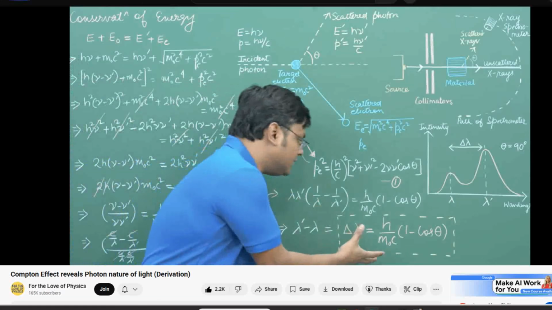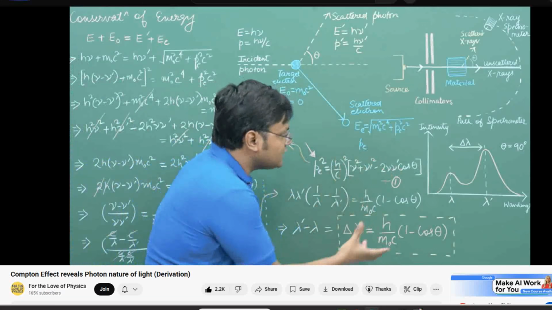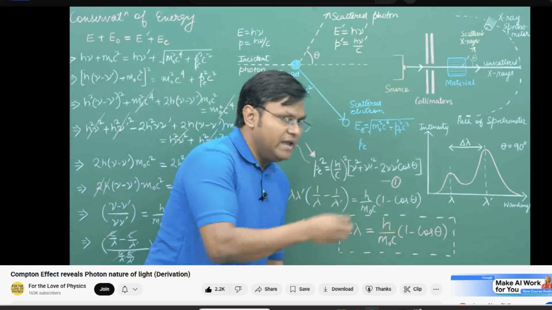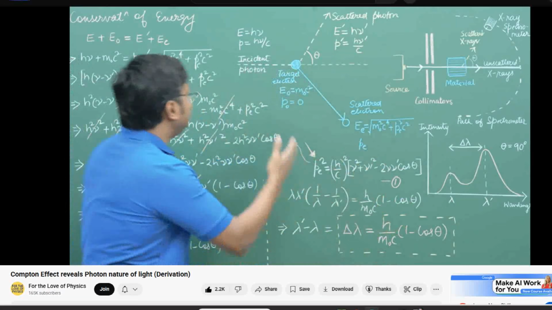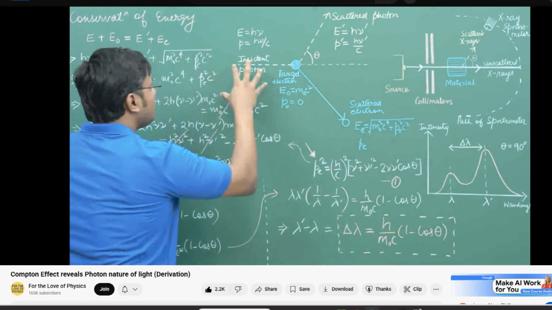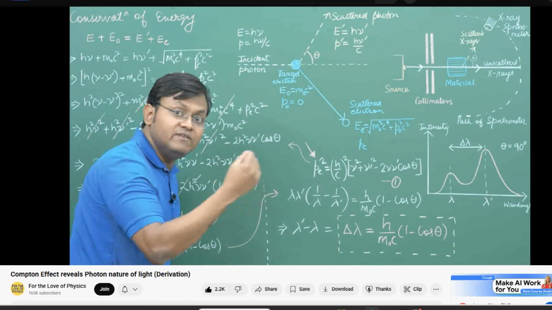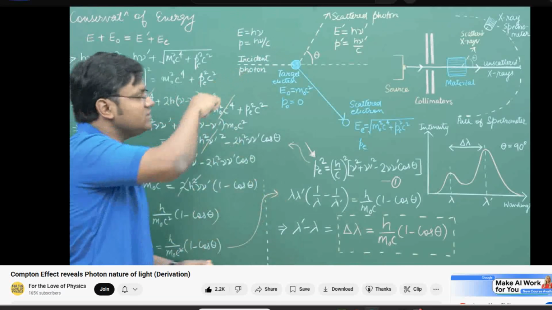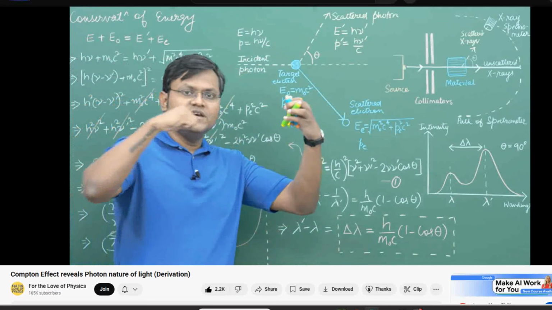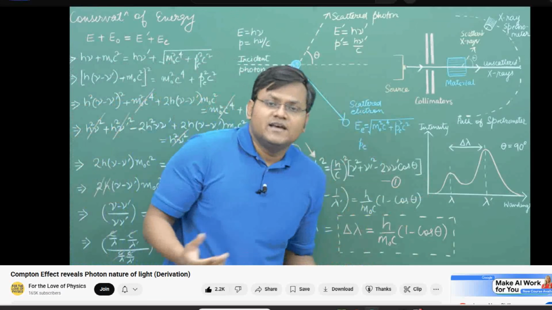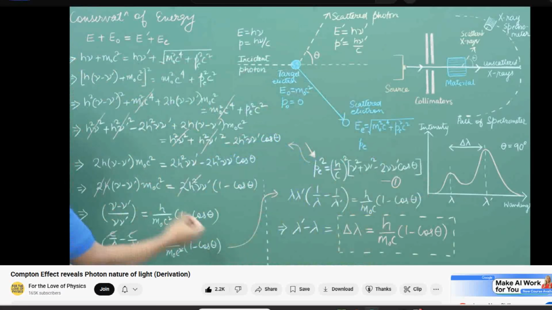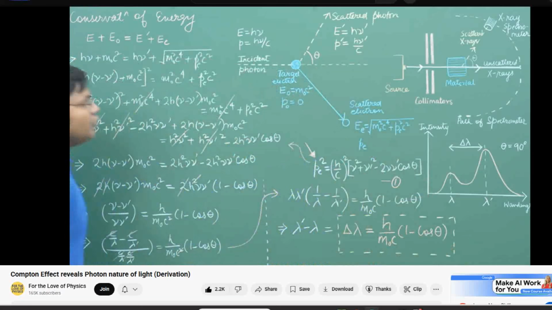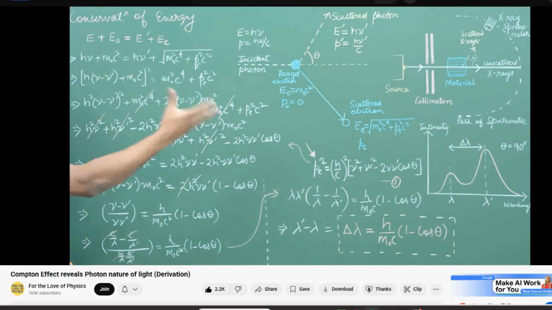So we have derived an expression for the wavelength shift or the Compton shift based on the particle picture of radiation by assuming that the incident radiation is composed of photons which behave like particles, and these photons are interacting with the electrons in the manner that two particles collide with each other. And by applying conservation of momentum and energy, we come up with this expression for the wavelength of the scattered photon.